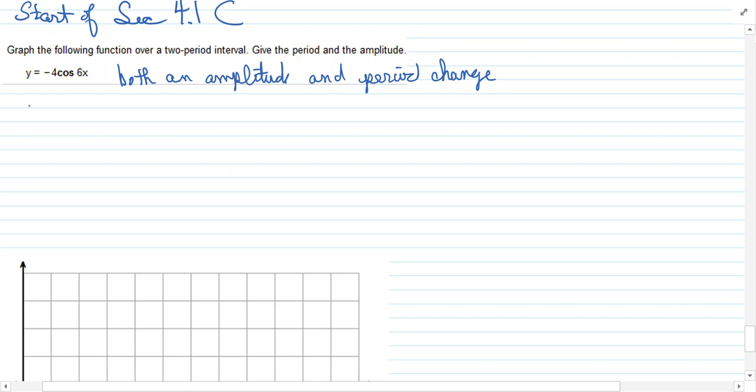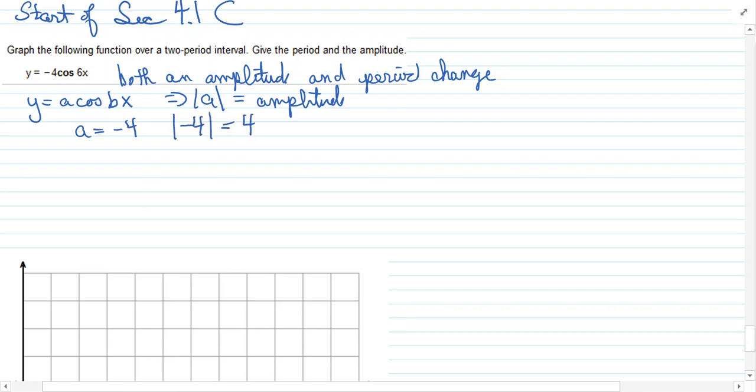We know that y equals a cosine bx, that we take the absolute value of a for the amplitude. So we have a equals -4. So the absolute value of -4 is 4. Now you're asking, what does -4 imply to the graph?